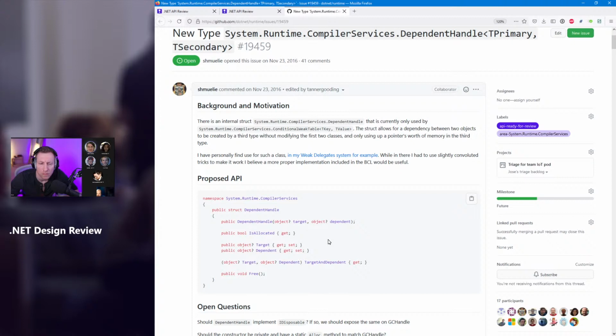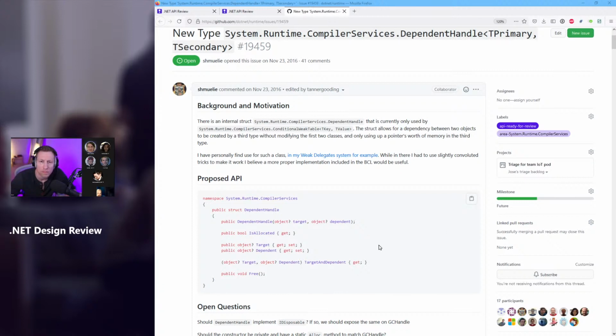Likely not, but it's still the way it's set up today, in a way that's going to be usable by the interested parties, and the conditional weak table itself has the ability to get both simultaneously as well as the ability to get just the primary. The way it's actually implemented by the runtime today is a get primary and secondary method that's an internal call to the JIT.